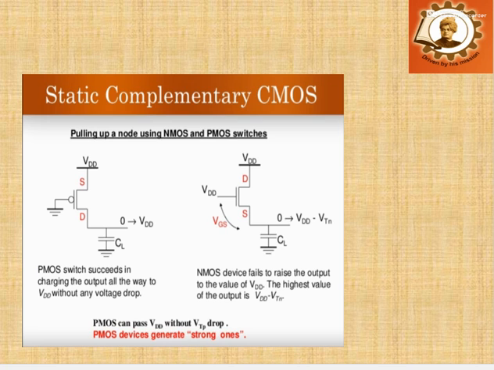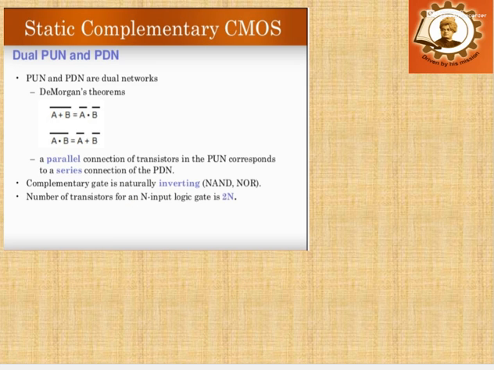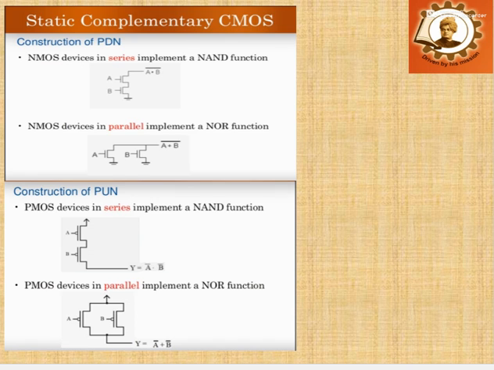Now let us move on to our design methodology. Suppose you are given some Boolean expression. First you take the complement of this Boolean expression. The next step is to design the PDN, the pull down network, by realizing AND by series NMOS and OR by parallel NMOS.